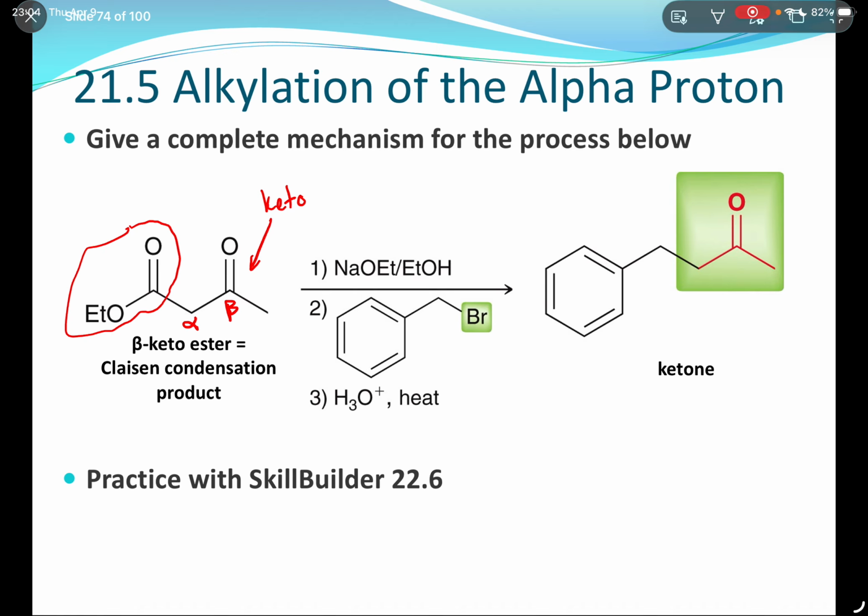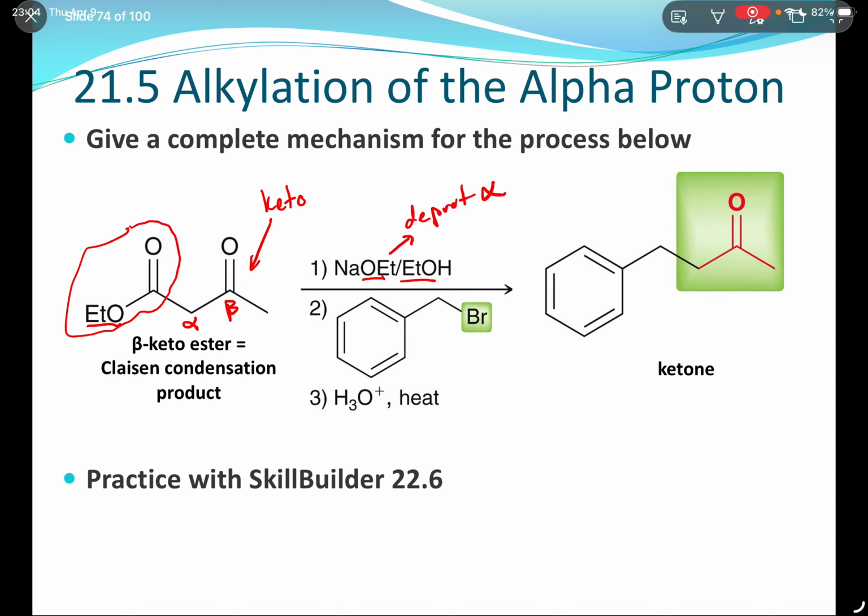Step 1, again, we've got our matching ORs for our ester starting material, the beta-keto ester, as well as the base and the solvent. So this is, again, going to be deprotonating the alpha position, avoiding transesterification.